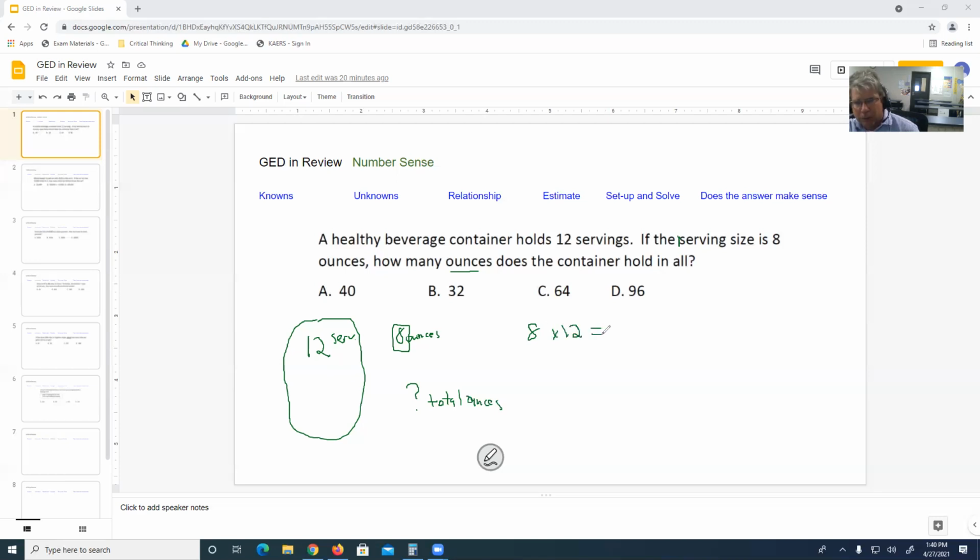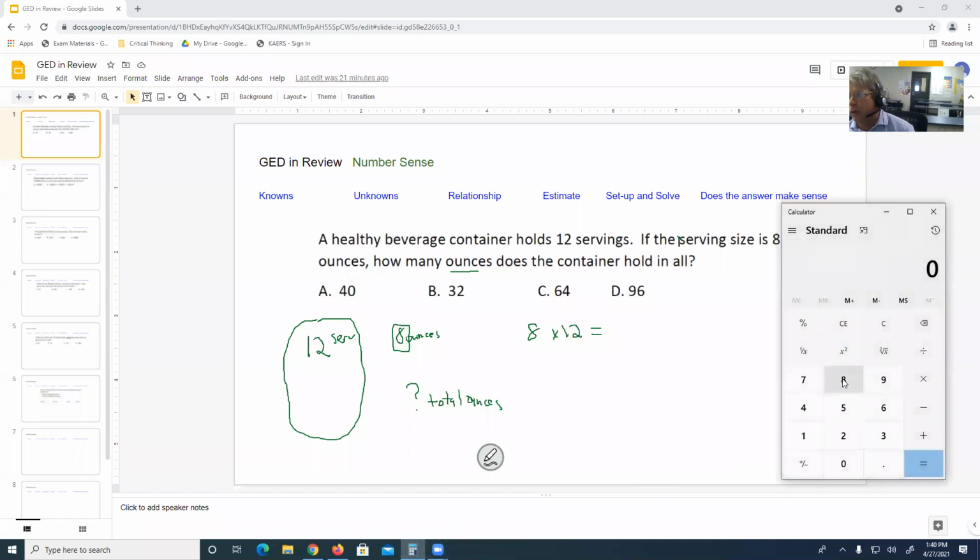If one serving is 8, then for 12 servings I'd just be multiplying that by 8, and that would give me my total. Now, as an estimate, you could round 12 to 10, and 8 times 10 would be 80. So 8 times 12 has got to be above 80. That's leaning me towards D as an answer, this 96 there. Now, if I want, I can go ahead and use the calculator here.